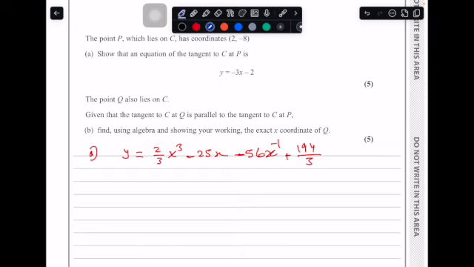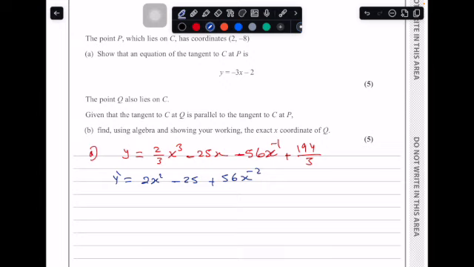Let's differentiate. So y dash, or dy over dx, equals 2x squared minus 25 plus 56x to the power of negative 2. That's fantastic.